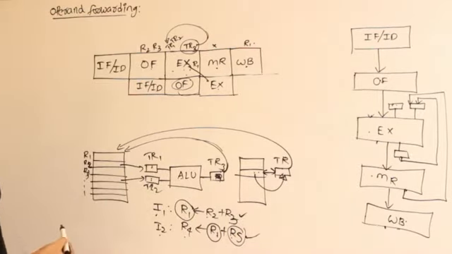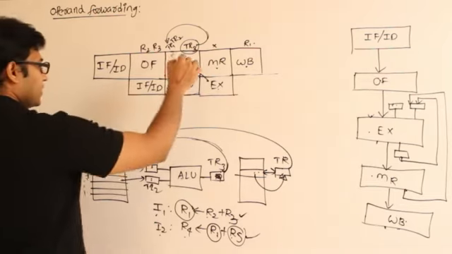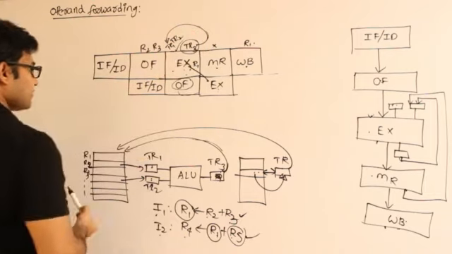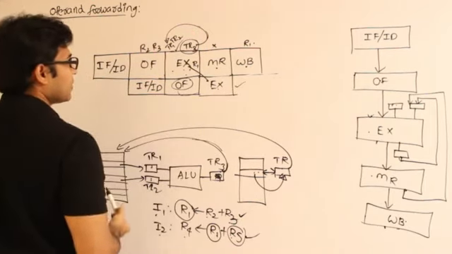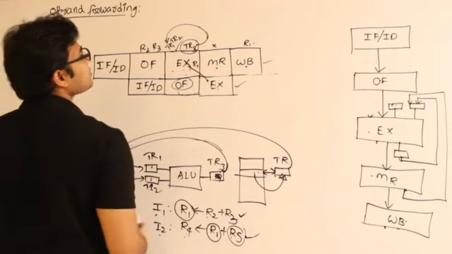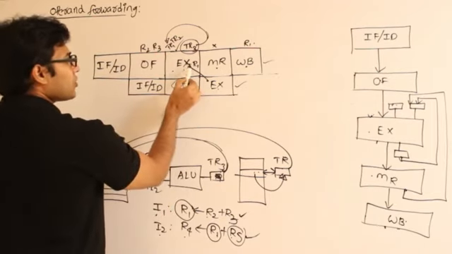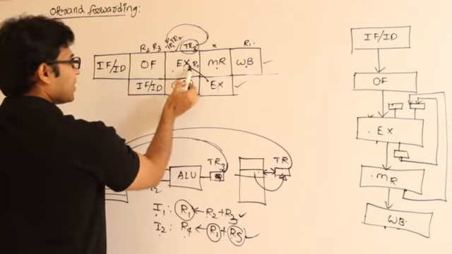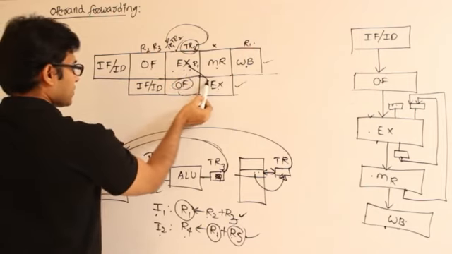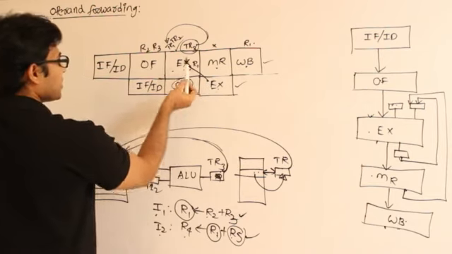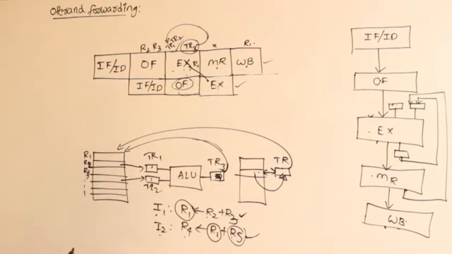In simple words, you can understand it like this: whenever execution of an instruction is over, the execution of the next instruction can start without waiting for the write back phase, because the output of the execution phase is provided as the input to the execution phase. Therefore, for the next instruction, whatever it needs will be present at its input, right? So this technique is called operand forwarding.